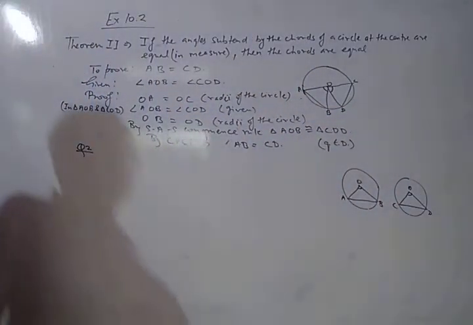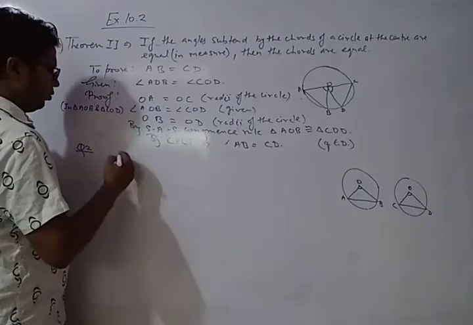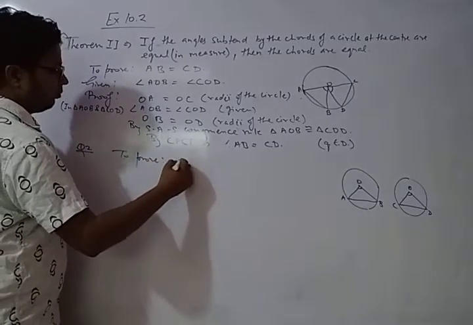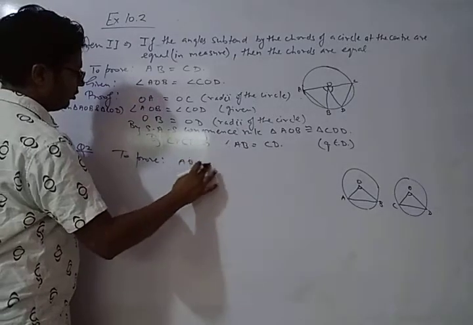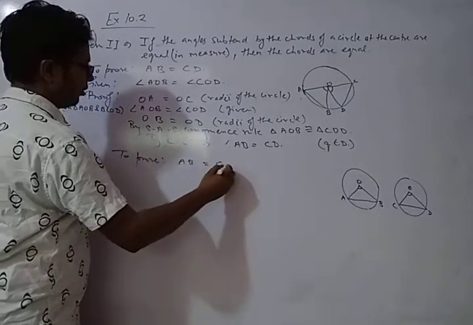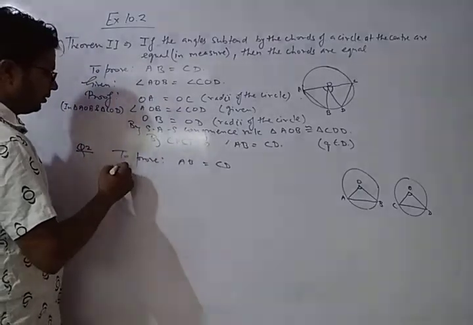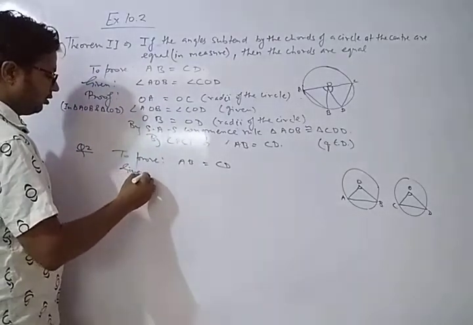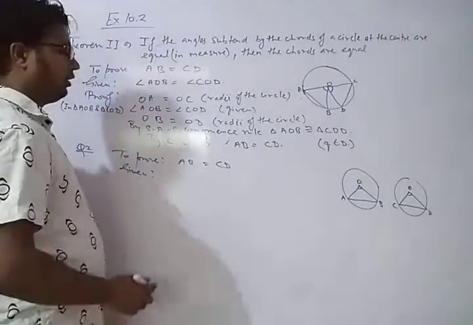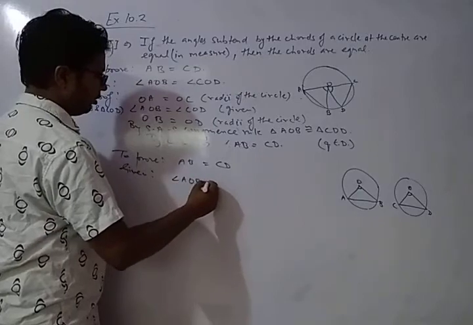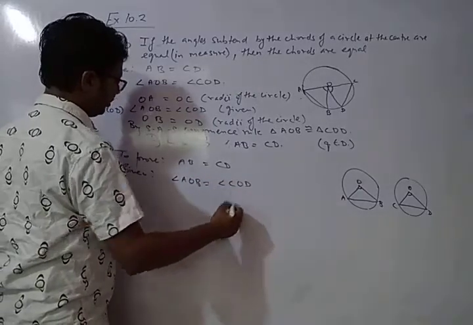Means you will write: to prove AB is equal to CD, and given that angle AOB is equal to angle COD.